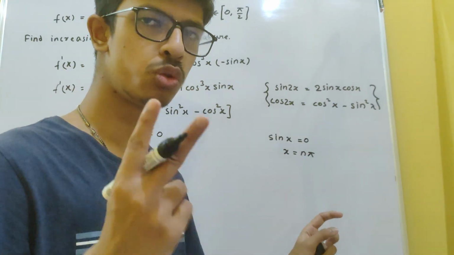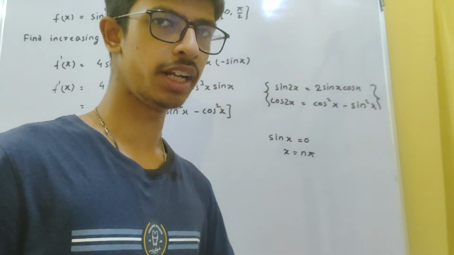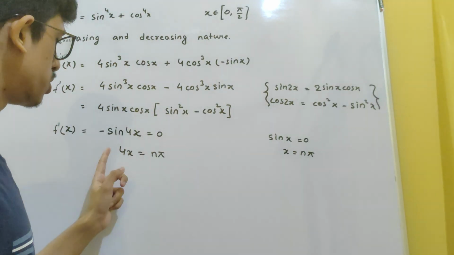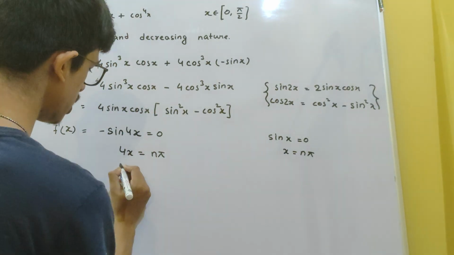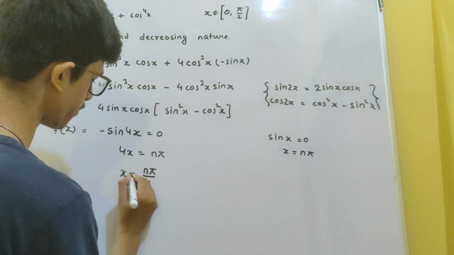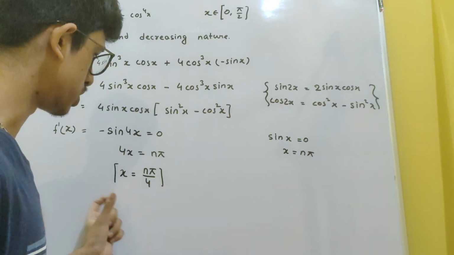If n equal to 2, then sin 2 pi will be 0. So for any integer value of n, we will get sin x equal to 0. Similarly, sin 4x equal to 0 means 4x equal to n pi. So from here we get x equal to n pi divided by 4.